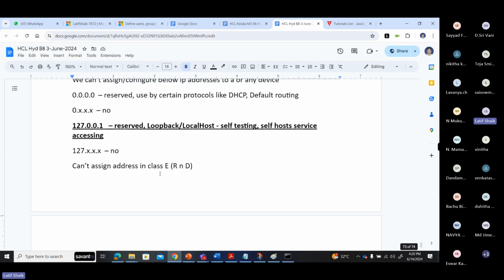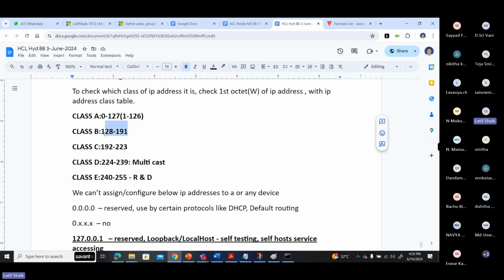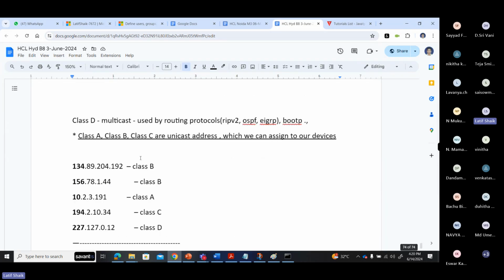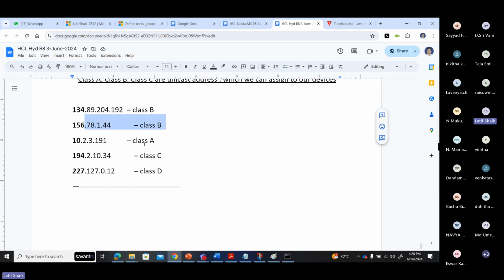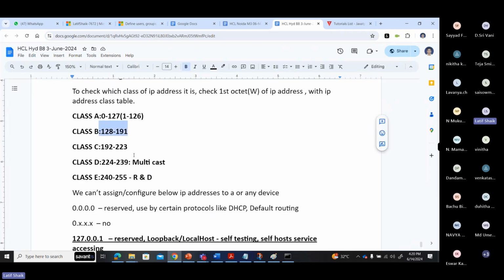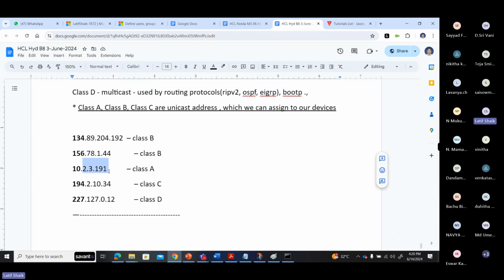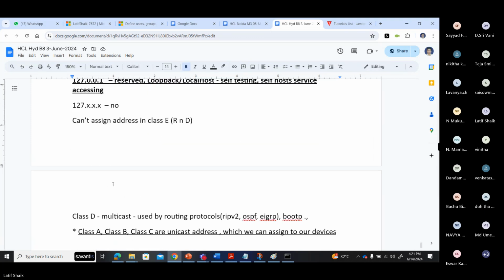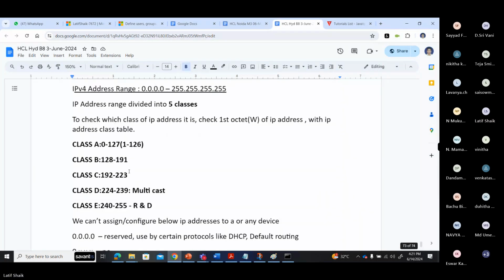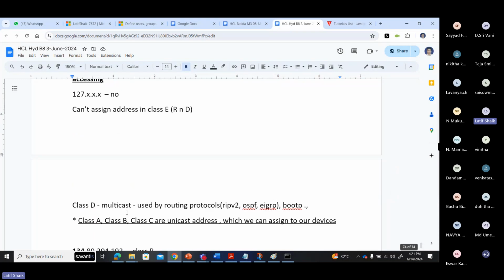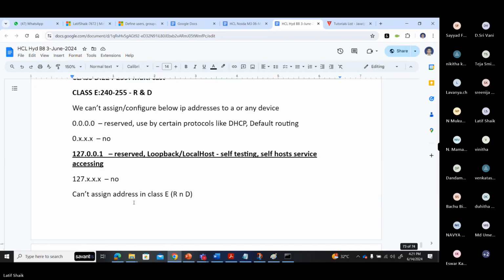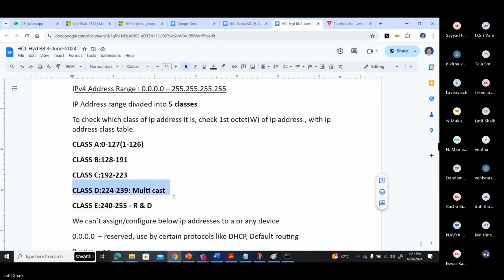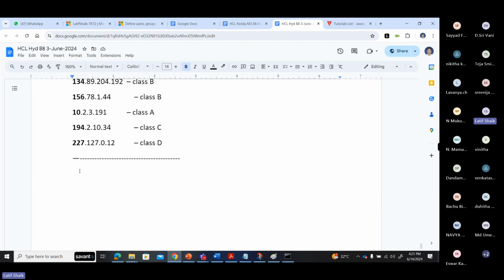Here it is 134, which is between the class B range, so it is class B. 156, again class B. I don't mind what is shown in the rest; I will check only the first octet. 10, class A. 194, class C. 227, class D. Like this, identify which class an IP address belongs to.